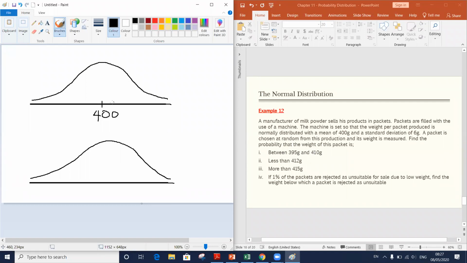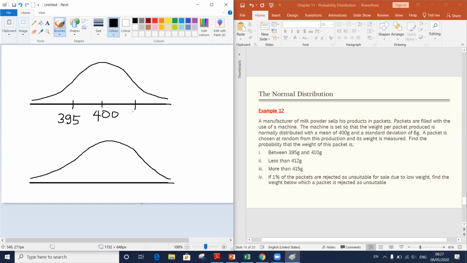395 grams කිව්වොතින් එයා ඉන්න ඕන කොහෙද? මේ point එකට left hand side එකේද right hand side එකේද? It should be on the left hand side. 395 කියලා කියන්නේ 400 වලට වඩා අඩුයි. එහෙනම් somewhere here, 395. 410 grams කියලා කියන්නේ 400 වලට වඩා වැඩි.